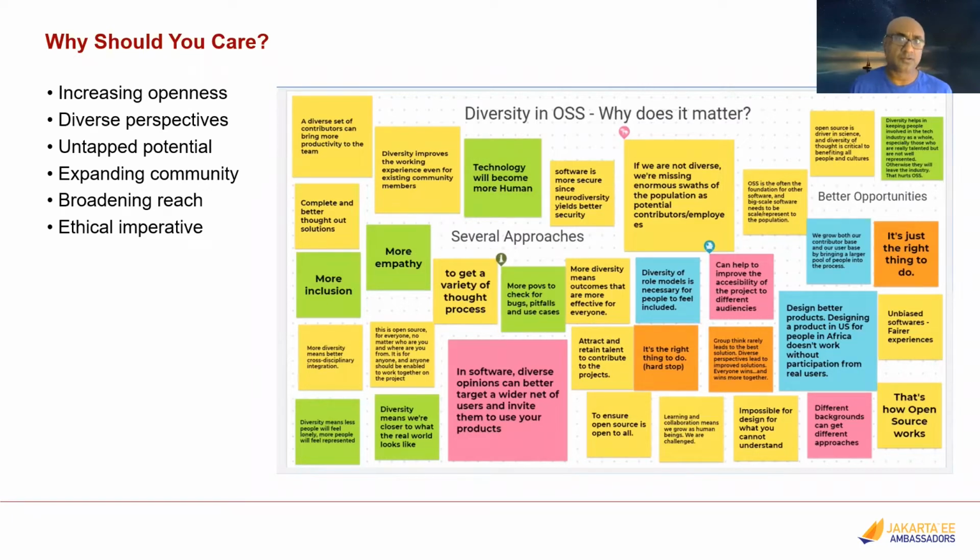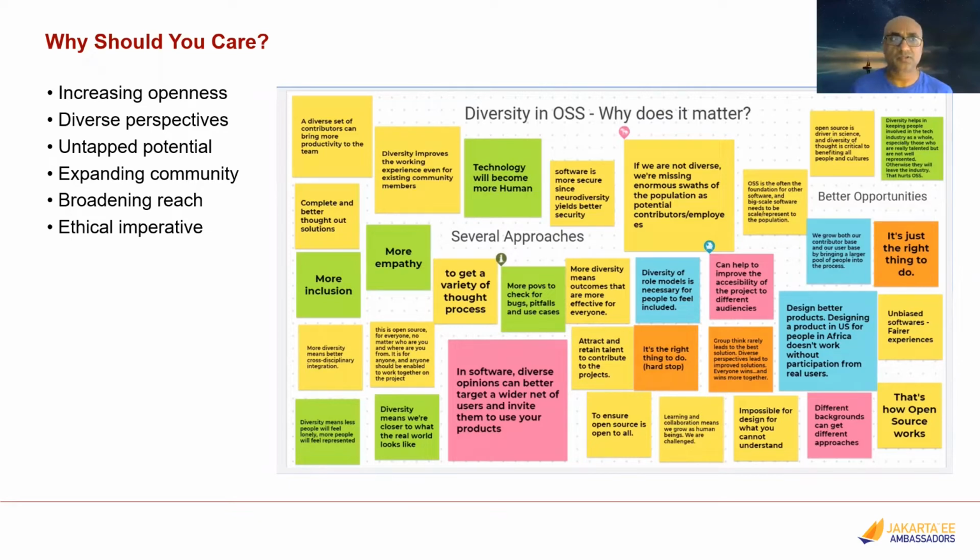Well, if you don't have the diversity to begin with in your project, you're not going to get that input. You're only going to get a particular set of input, and it's going to skew your product, or whatever it is that you're trying to do, your open source venture, in a particular direction that is ultimately not applicable to the broadest set of people possible.